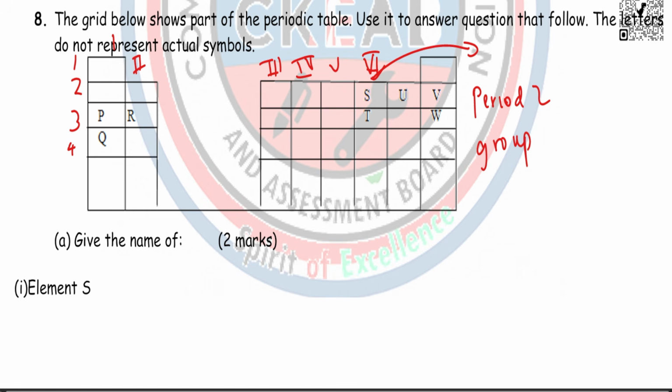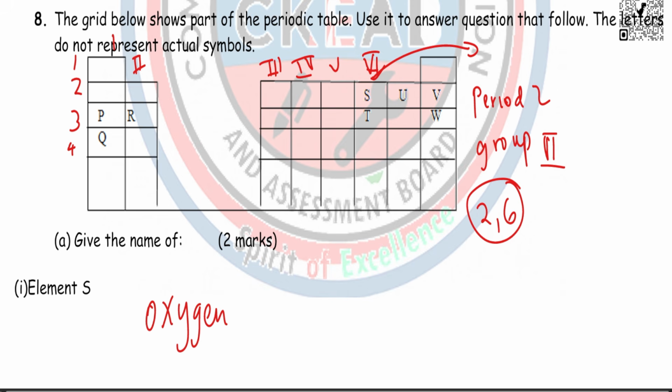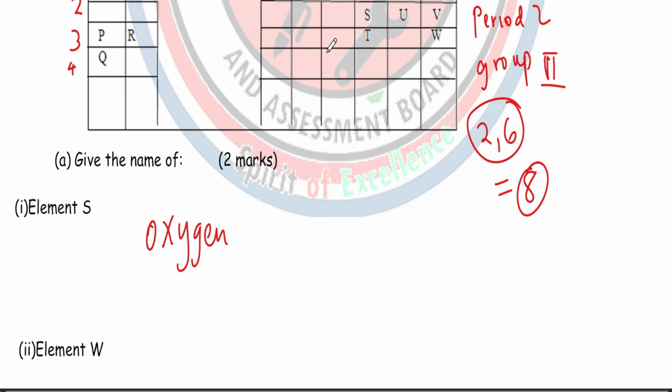So since it's in group 6, most probably it's 2, 6. And 2, 6 is 8, which is oxygen. So the name of element S is oxygen. If you look, it's 2, 6, and so it's 8, and the element that is number 8 is oxygen.